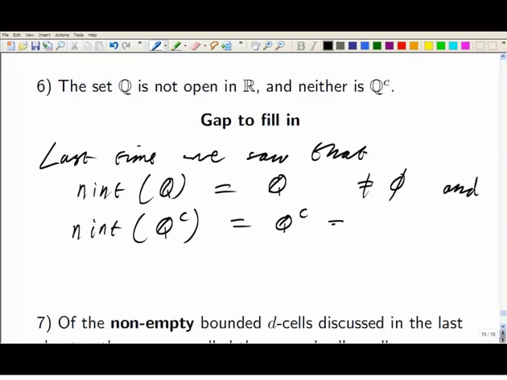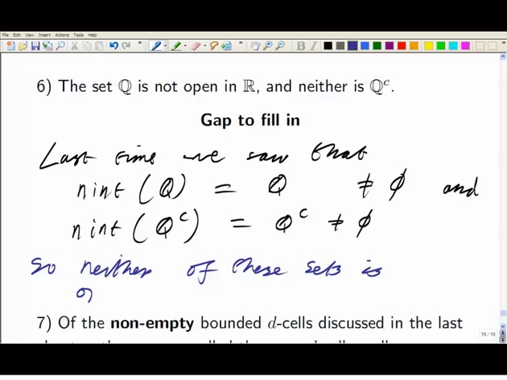So last time we saw the non-interior points in Q were the whole of Q, which is of course not empty, and the non-interior points in the irrational numbers gave you all the irrational numbers back again as well. So neither of these sets is open in R.